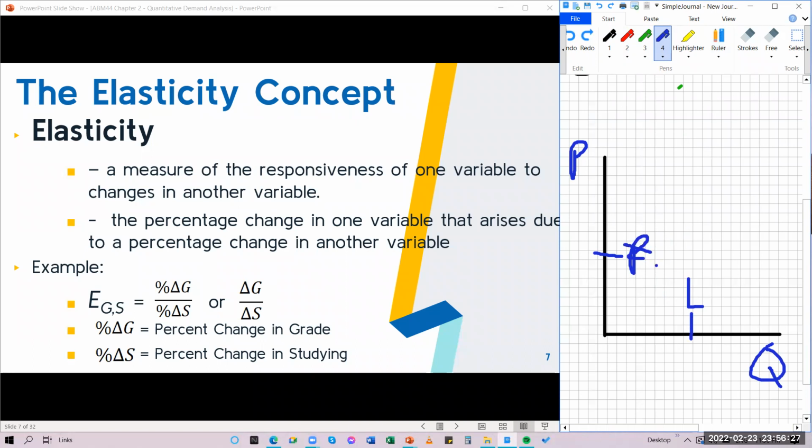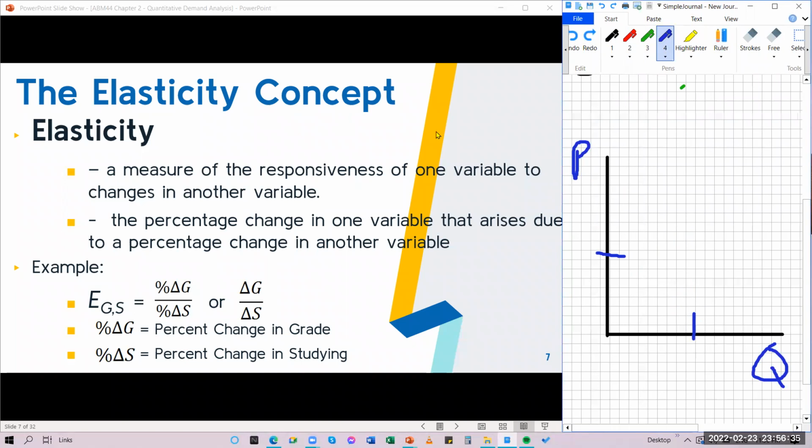Because we use many measurements, economists decided to make one type of measurement with which we can measure how responsive or sensitive one variable is to changes in another variable. As you all know, the main variables in the demand curve are price and quantity.